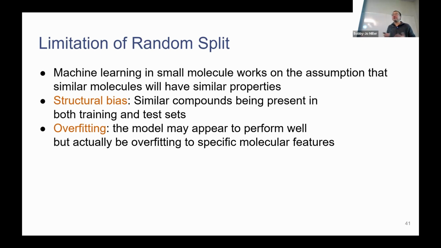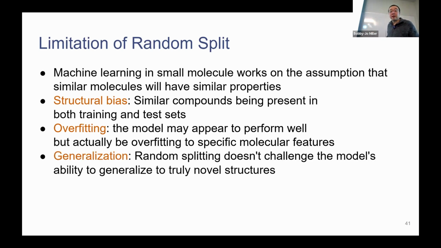The model will perform super well when you're doing random split, but when you actually deploy it and say, hey, let's go use your model to hunt for new molecules, that's going to fail spectacularly. We observe this over and over. It also brings the concern of generalization. Random split does not challenge the model to generalize to truly novel structures.